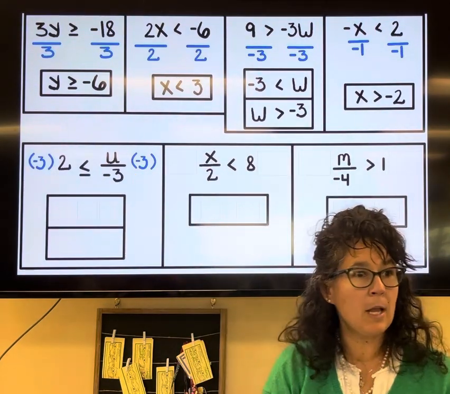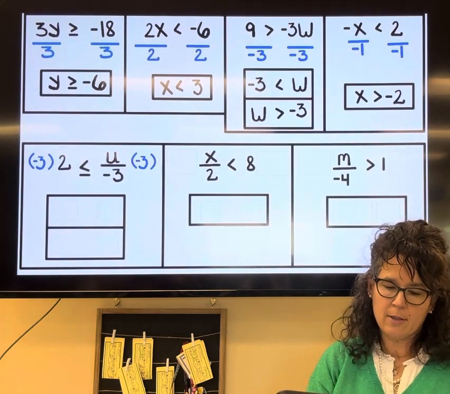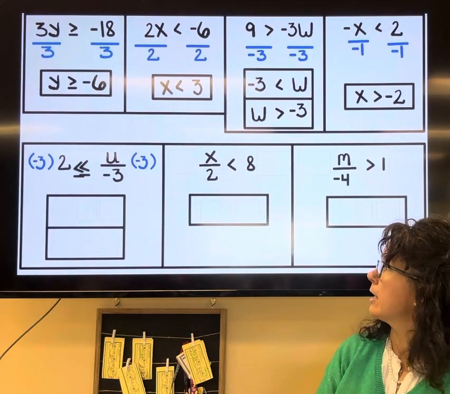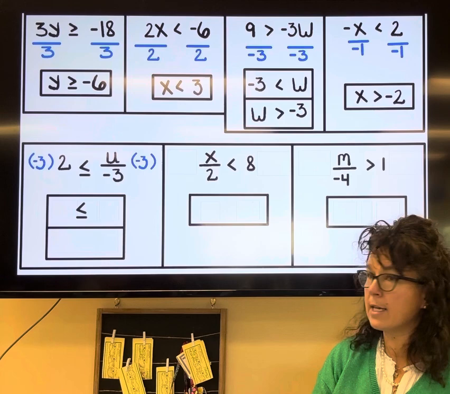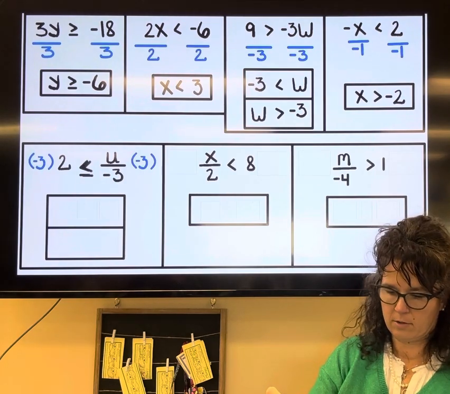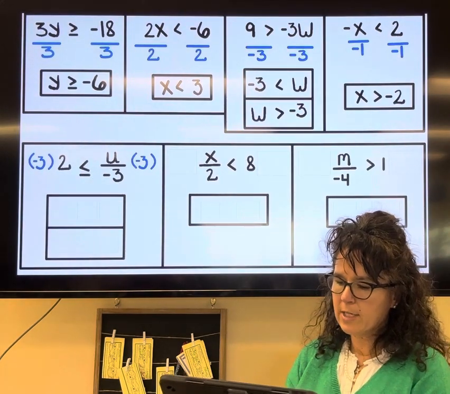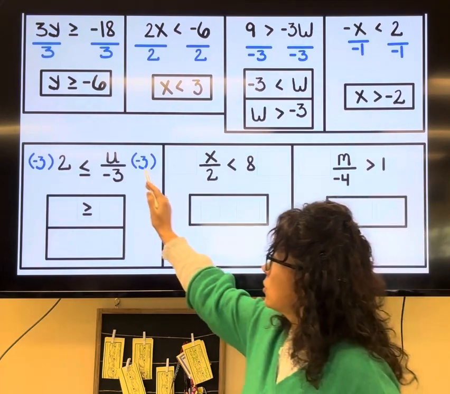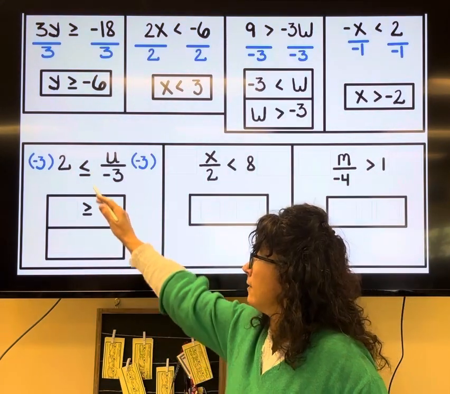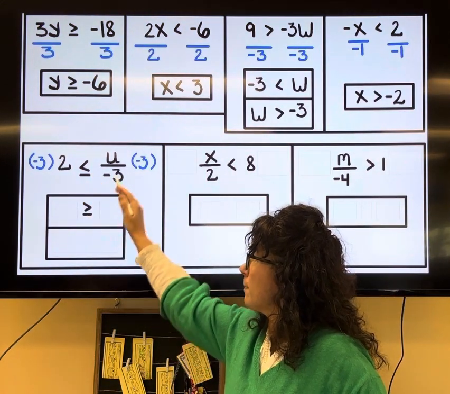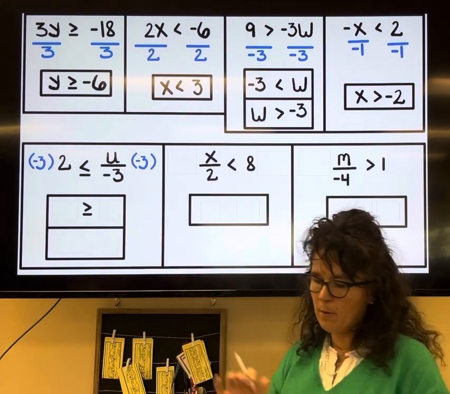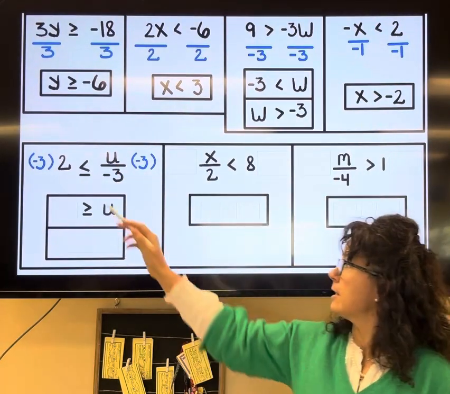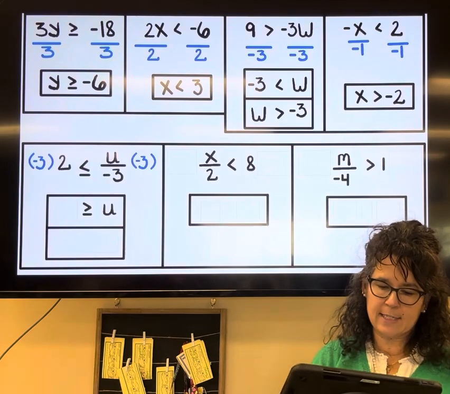Because I'm multiplying by a negative number, this inequality symbol here, it can't come straight down. It's going to need to flip over. So since I multiplied by a negative, the inequality flipped over. U is now by itself, and negative 3 times 2 is negative 6.